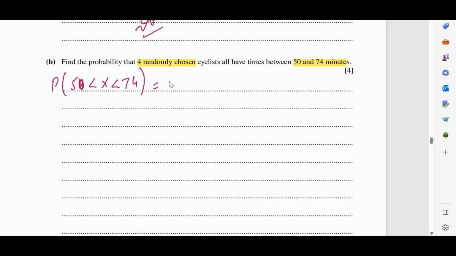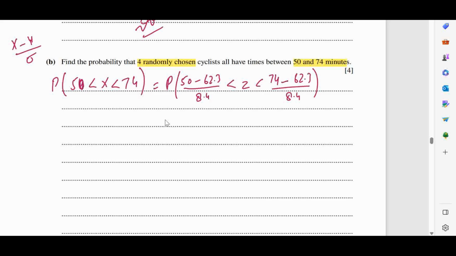So let's convert it into z first. We know the formula for z is x minus mu divided by the standard deviation. So 50 minus mu, now mu was 62.3, whole divided by the standard deviation, that was 8.4. Now the second one is 74 minus 62.3 whole divided by 8.4.